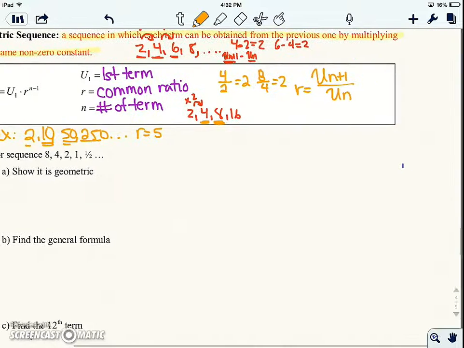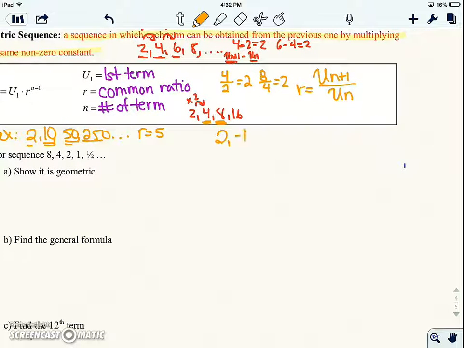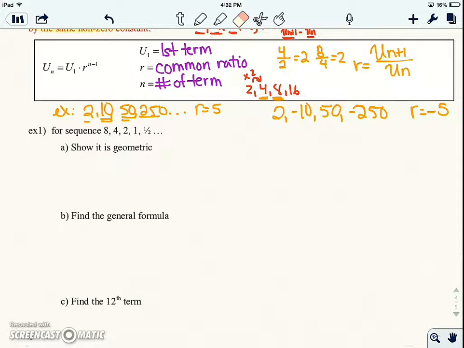We could also have 2, negative 10, 50, negative 250. And if ever these signs are alternating, that means your ratio must be negative, because a positive times a negative is a negative, a negative times a negative is a positive, and so on and so forth. So if you ever see the signs alternating, it's because your r is negative.